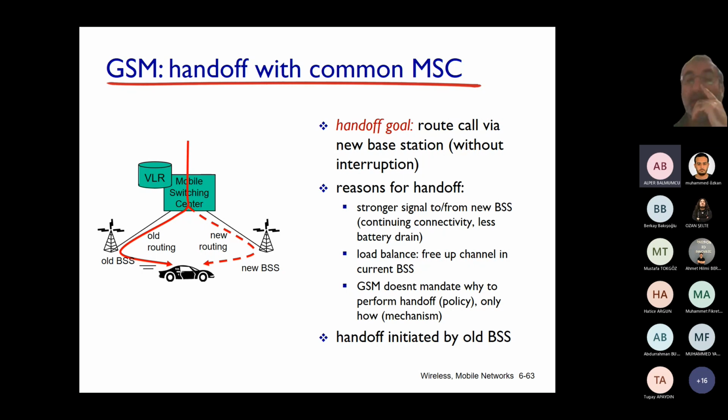You're actually connected to this old base station, but because of the movement, you're getting far away from this base station, and the strength of the signal is decreasing. So that's why we need to hand over your call to the nearest base station. So what are the reasons for the handoff?